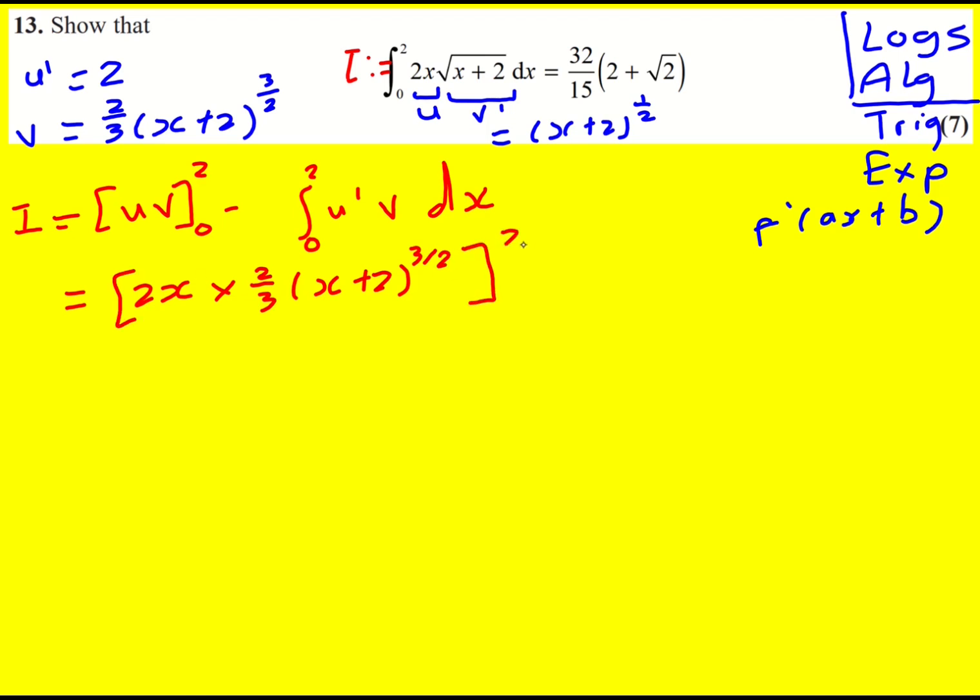In a minute we can evaluate that one. And I'm minusing the integral of u dash, which is 2, times the same thing. I'll just tidy this one up. It's going to become 4 over 3x. I'll substitute in on my next line.